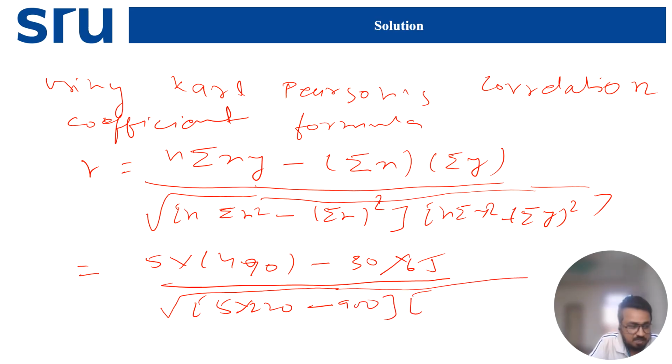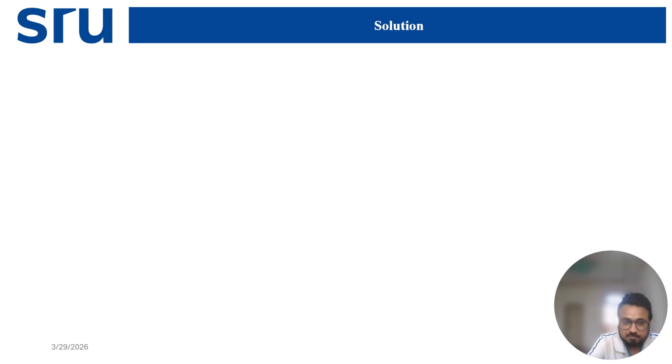And the next one: 5 into 1005, summation of y square, minus summation y whole square, which is 4225. So now what is the value? r equals 400 by 400. This is equal to 1.